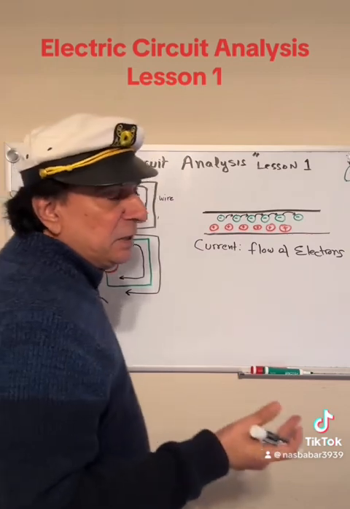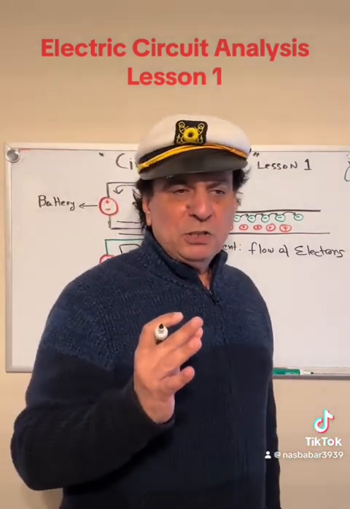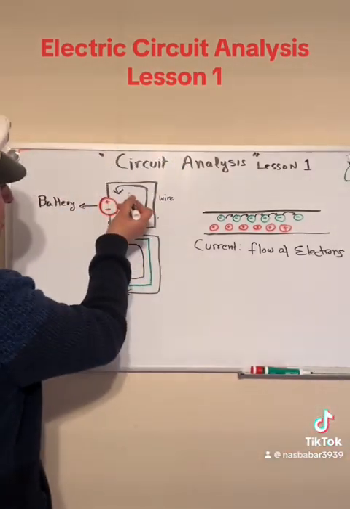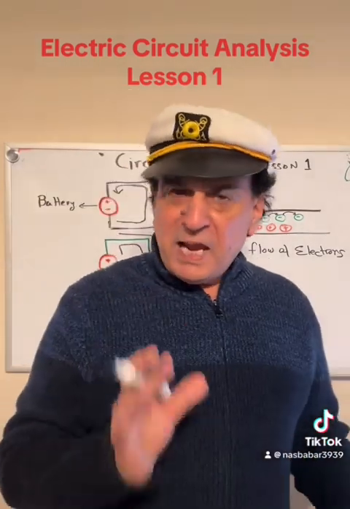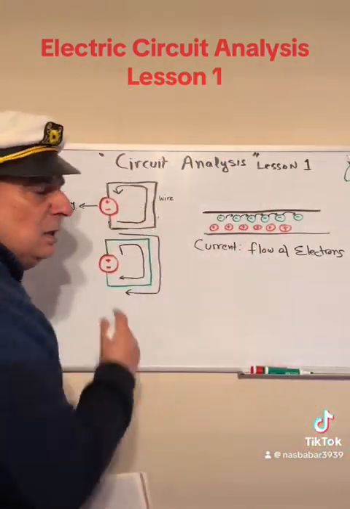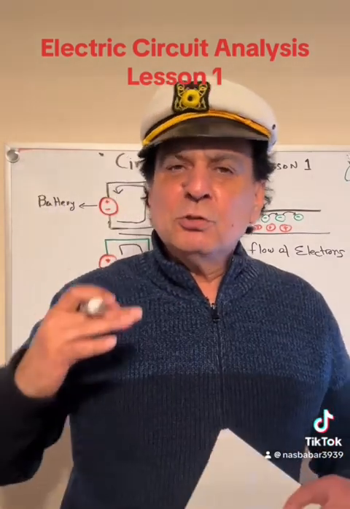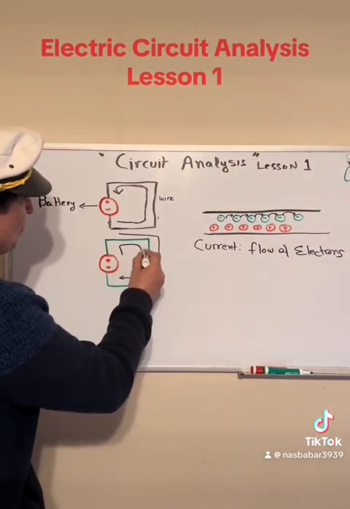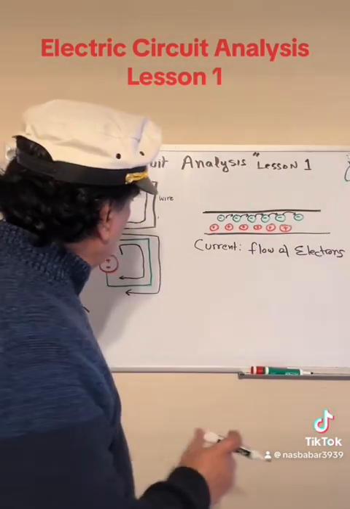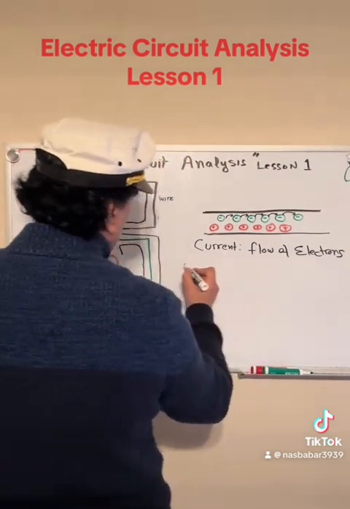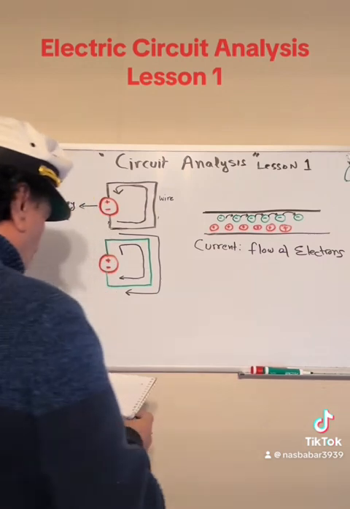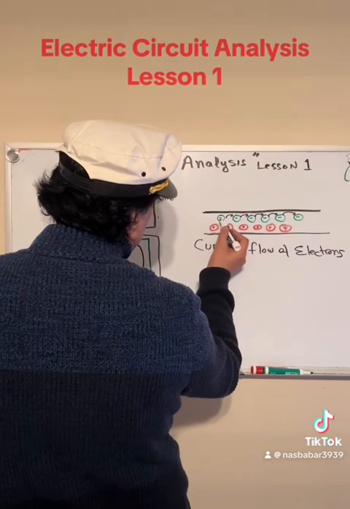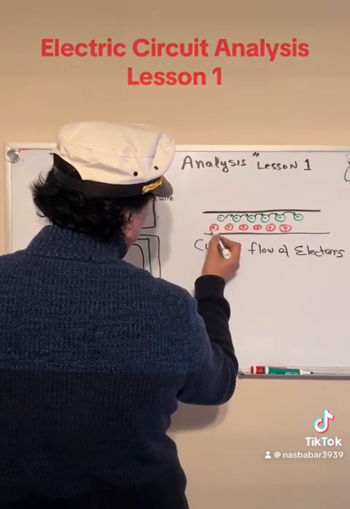This is for mathematical convenience, because if you solve the equations and put negative, negative, negative everywhere, because that's the real direction, you can solve problems with that also. However, you're going to have too many negatives. So just to make life easy, we say electric current travels from positive to negative, but in reality it does not. This is just a mathematical convenience. When this electron leaves the atom, you're left with just the positive charge.